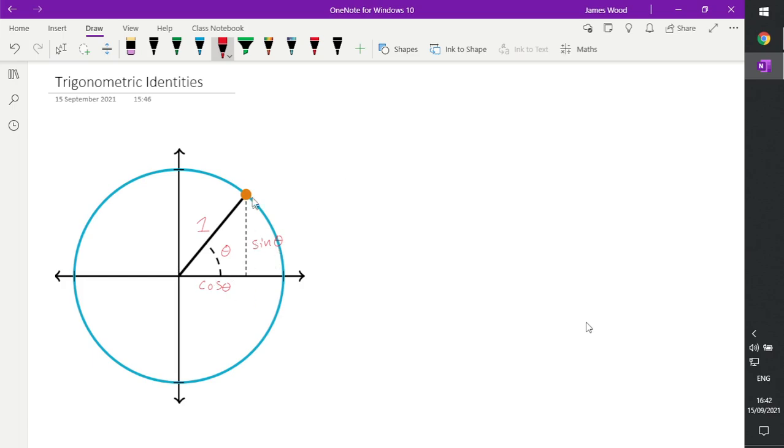If I use Pythagoras on this triangle, because it is a right angled triangle, then this side here squared plus this side here squared should make this one here squared. So sine theta squared plus cosine theta squared should equal 1 squared because it's a right angled triangle. Now when we write sine theta squared, we tend to actually write it as sine squared theta.